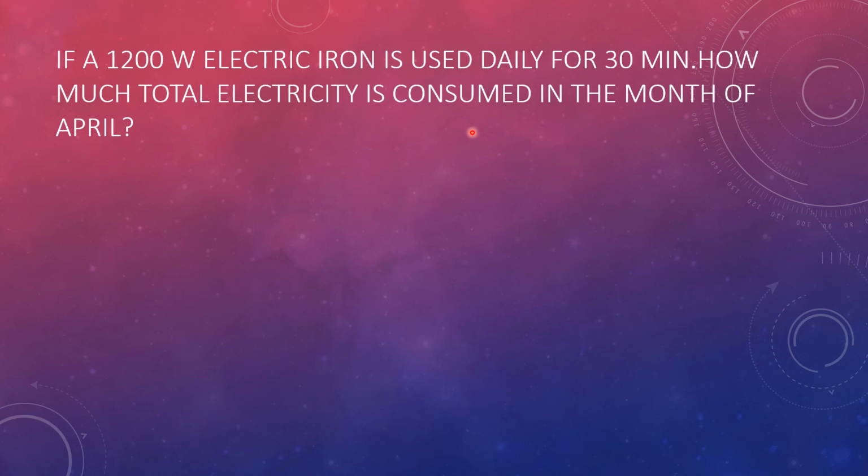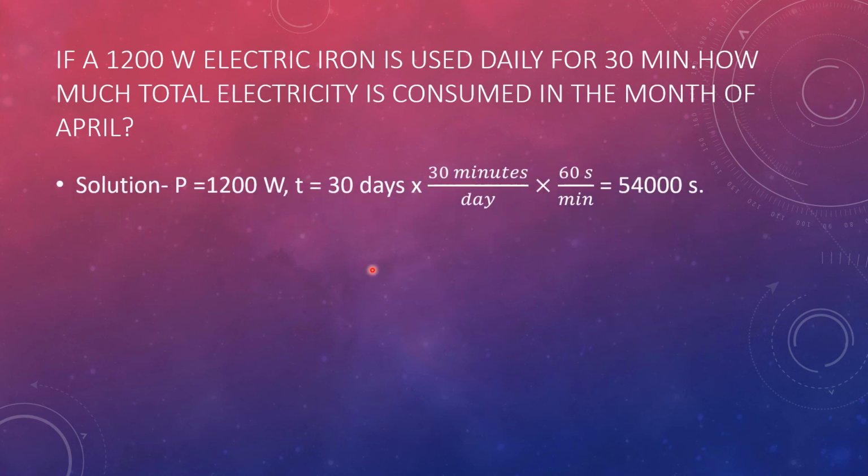Then the power of the electric iron is given as 1200 watt, and it is used daily for 30 minutes. So the time T is equal to 30 minutes. We have to convert that time into seconds, and we have to find the total consumption of electricity in the month of April. Now solution.